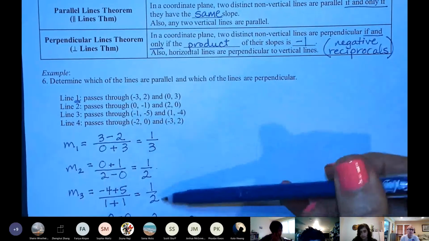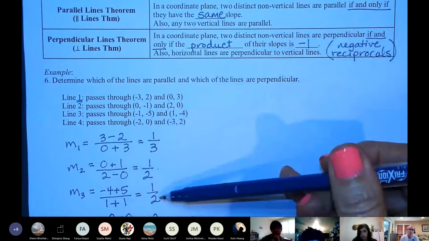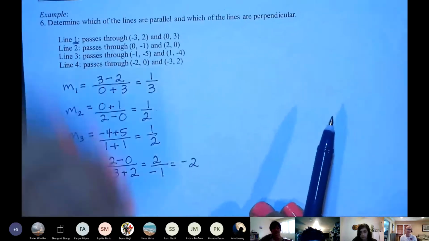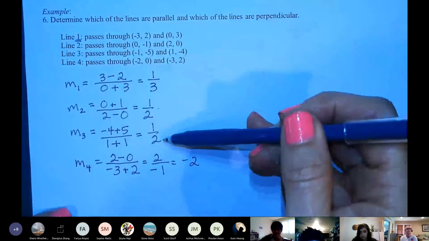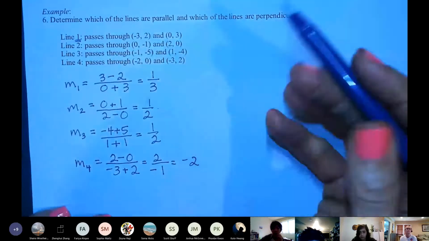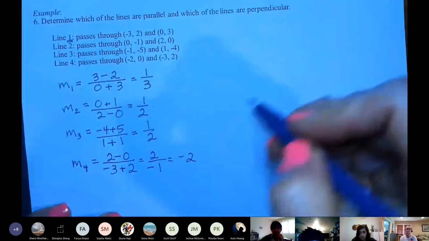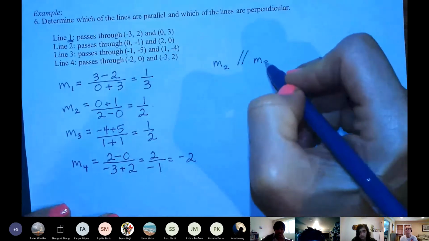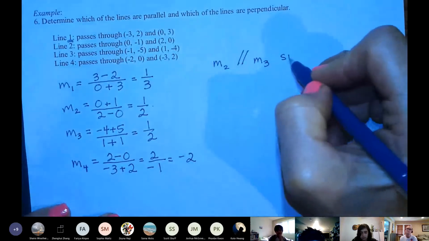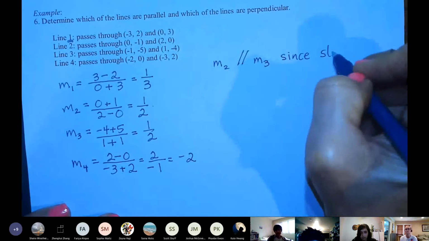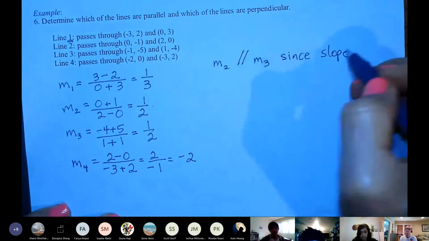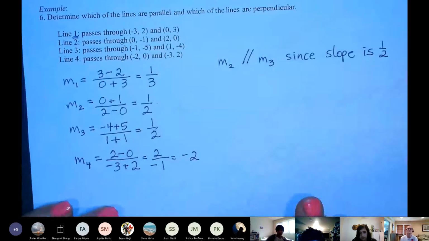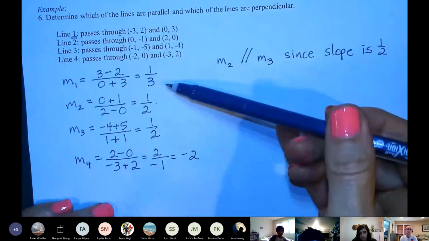These two have the same slope. Oh, here we go. So since m2 and m3 have the same slope, then they are parallel. So m2 is parallel to m3 since both of their slopes are 1/2. m1 is 1/3.